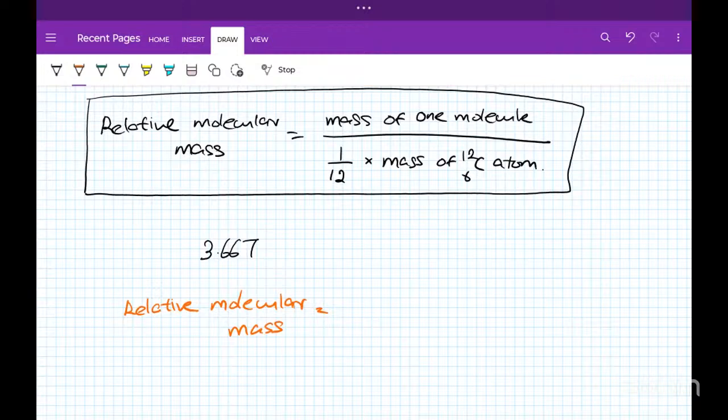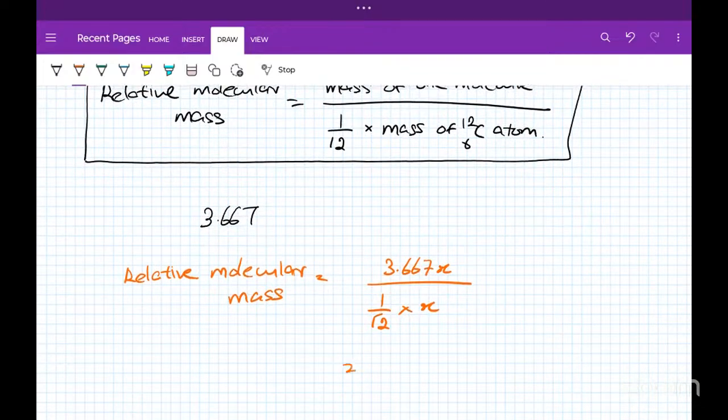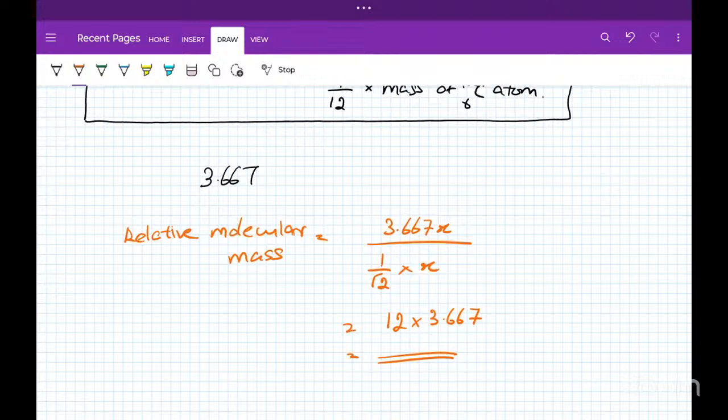Let's say the mass of the C-12 atom is X, so this will be 3.667 times X. Divided by 1/12 of X, you can calculate this as 12 into 3.667. You have to take the final answer as well, otherwise these things will not work.